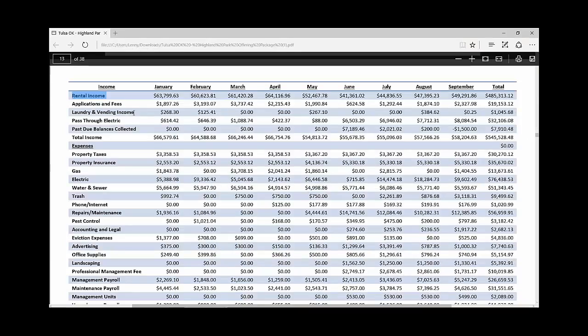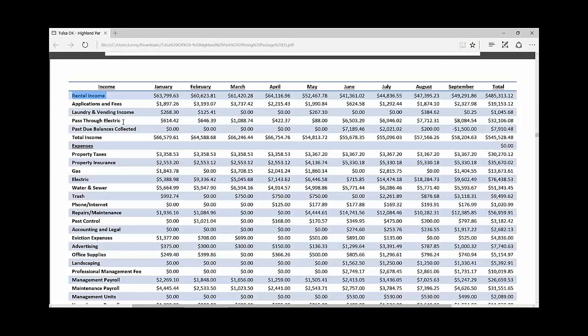We have the application fee, the laundry vending income, the pass-through electric income, past due balances collected. Oh, hey, that's not a good one. So let's take a look. I'm going to add in the 19,153, and then I'm going to add in $1,000 for the laundry. That's not so good. Pass-through electric is 52,000.